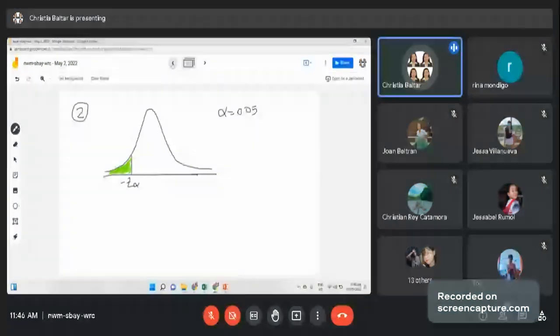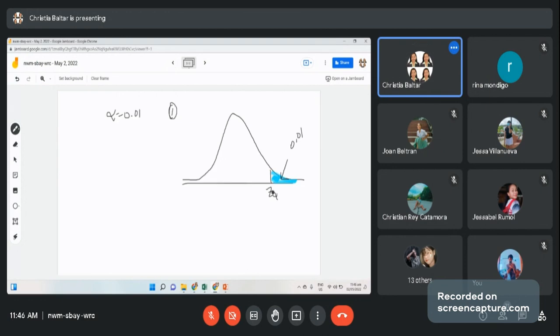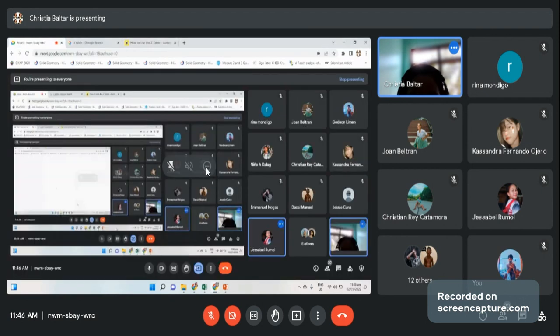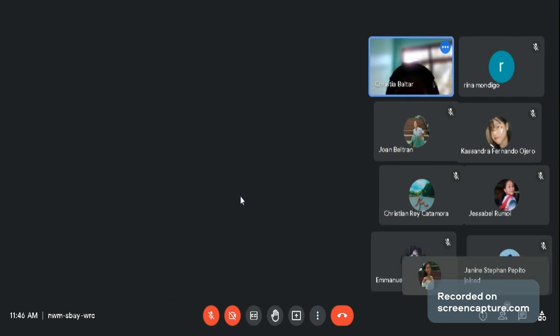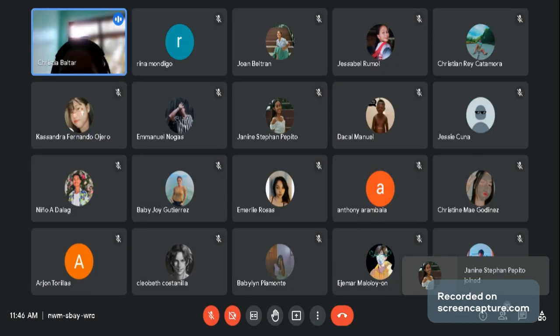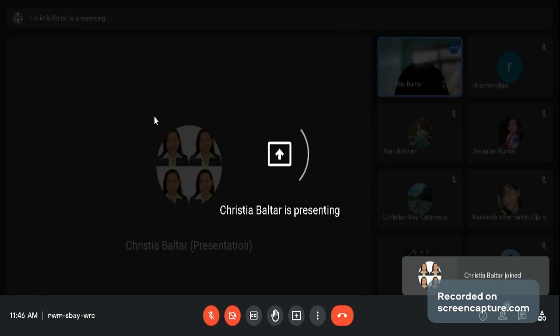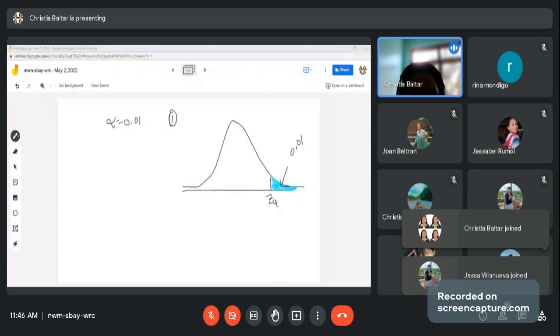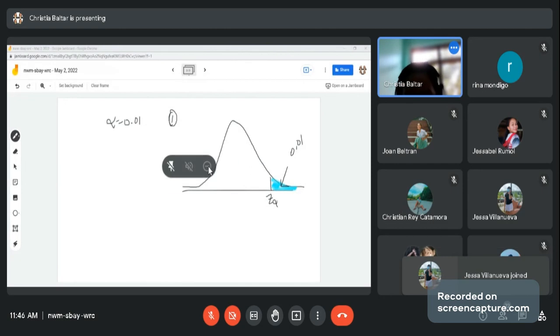Let's go back to number one. What do you think would be the critical value for Z alpha here? You use your Z table. So we have two situations.